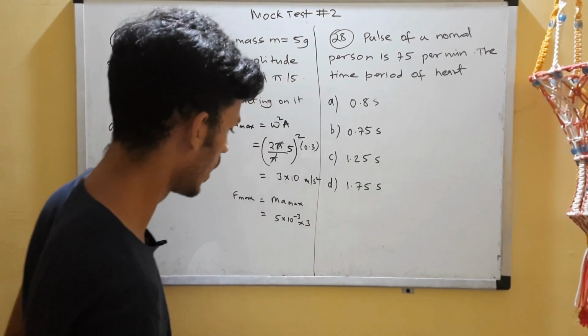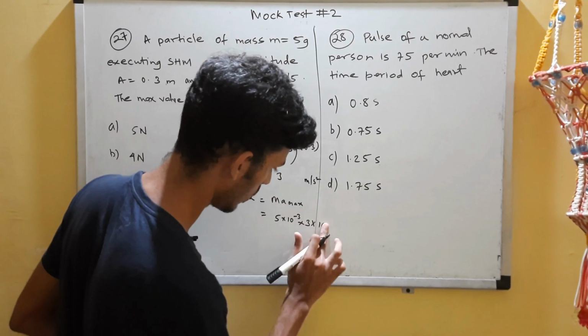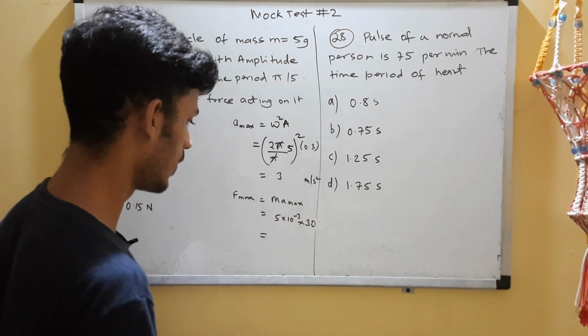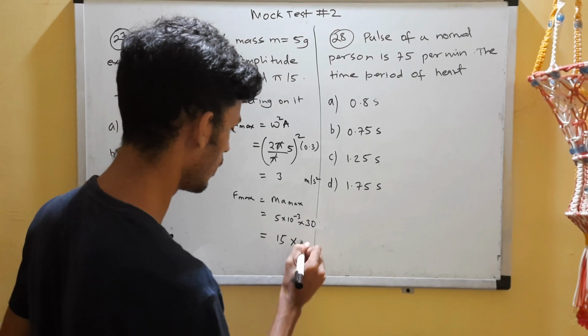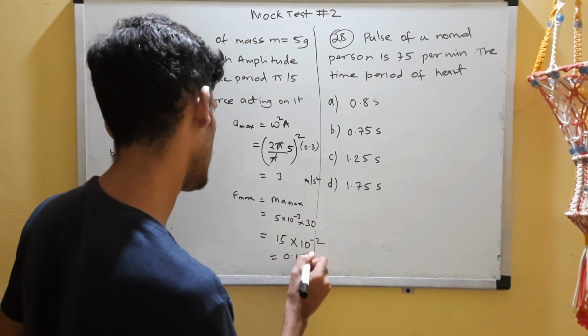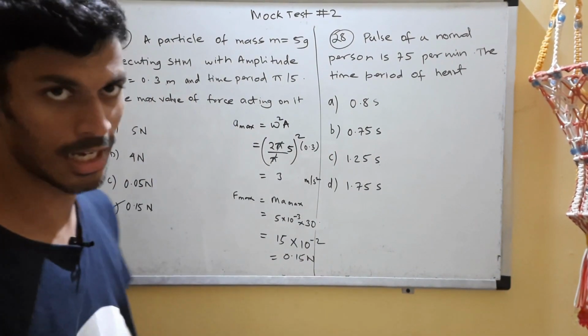So 10 I'll get over there. So here we'll have 10 or 30 basically. So 5 3s are 15, 15 and 10 to the power minus 2. So 0.15 Newton. So option D, 0.15 Newton is the correct choice over here.